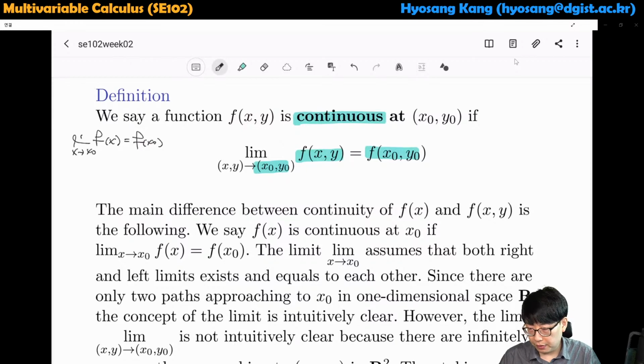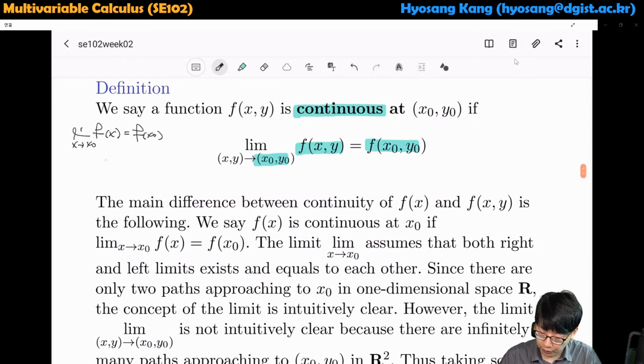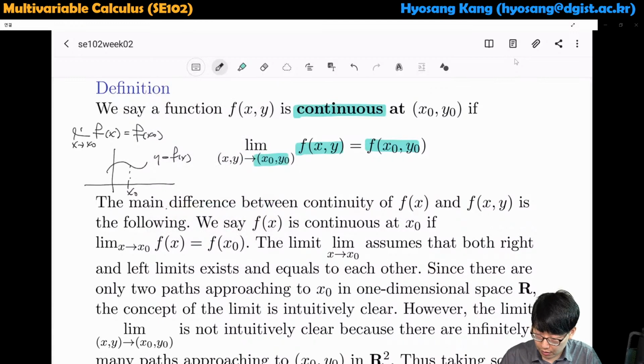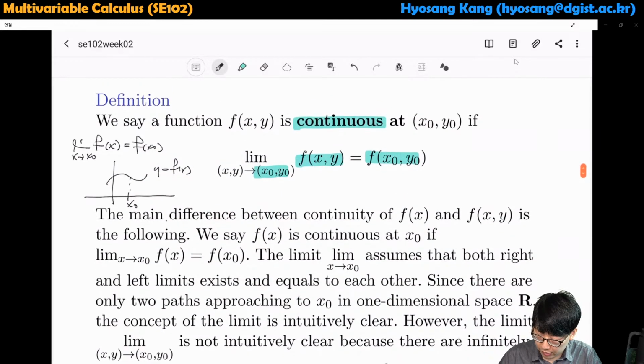So what's the difference? The difference is in how you check the continuity of a single variable function. For example, if you have a graph of a function that looks like this, and you want to check whether it is continuous at x0, you only need to check two directions. One direction is from the positive side, or right-hand side, of x0.